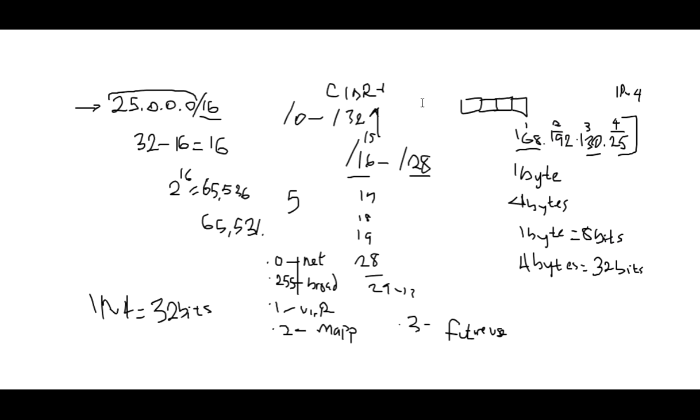Because if you say CIDR 16, because a CIDR is a block, a range, on this block there are 65,536 IP addresses. Out of that plenty IP addresses, 5 has been reserved, so you can only assign 65,531.